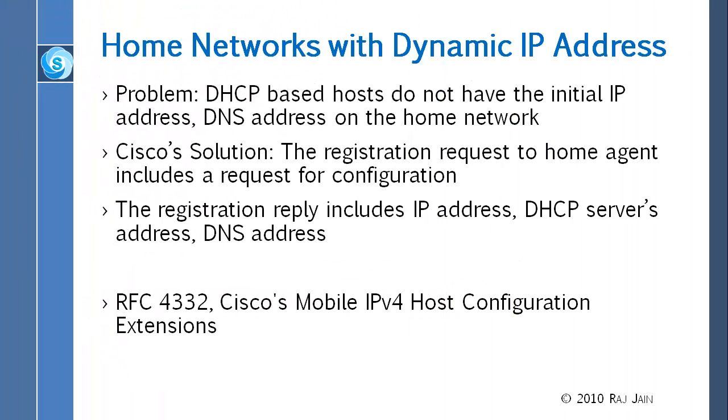Now, what happens if the home networks have dynamic IP addresses? You know what a dynamic IP address is? That your address is not permanent. I mean, every time you come to your office here at WashU, you get a new IP address, right? So DHCP-based hosts do not have a permanent IP address on the home network.